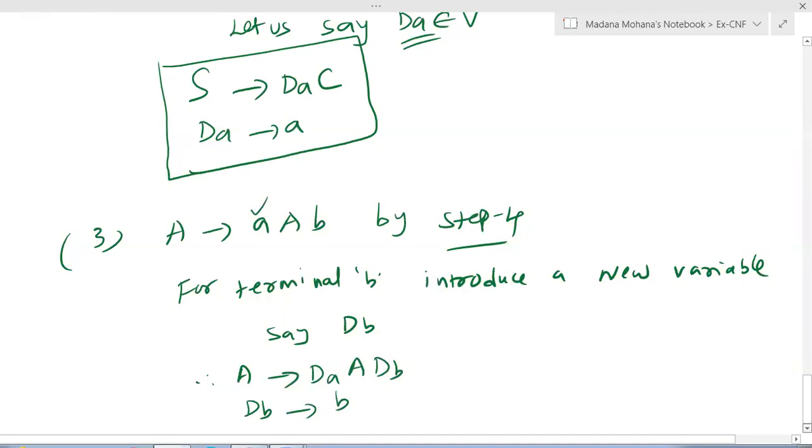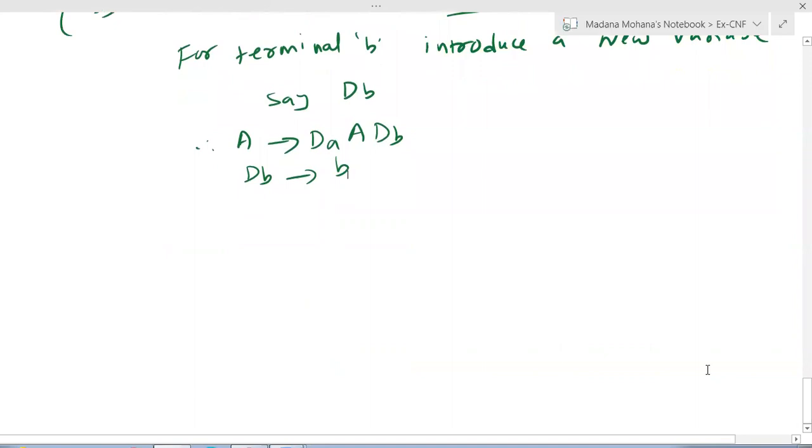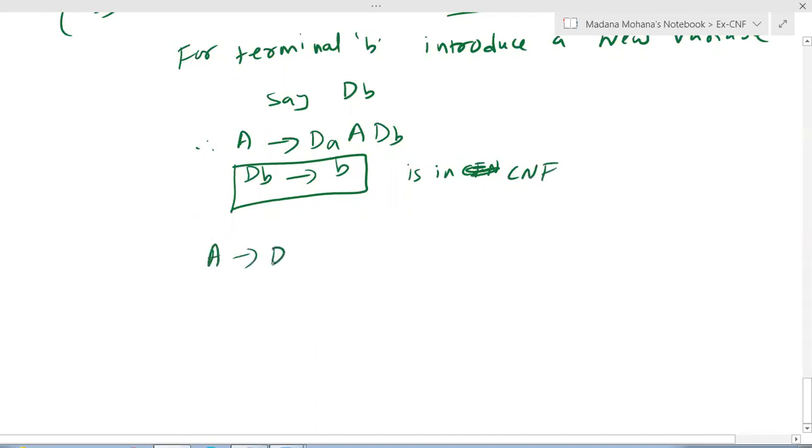Now, D suffix B is in the required form, but DA A DB is not in the required form. Why? Because it has three variables. Again, you can apply step 3.